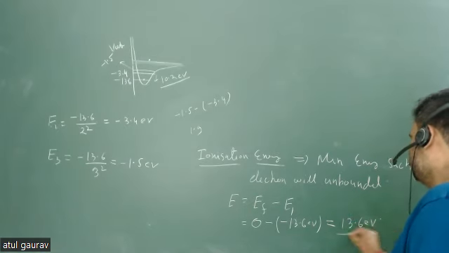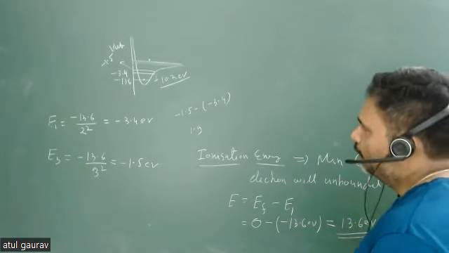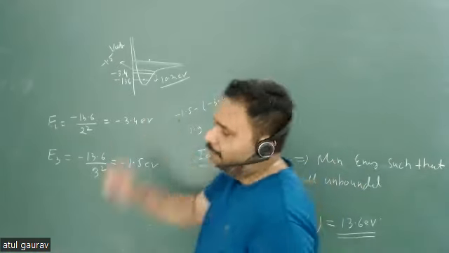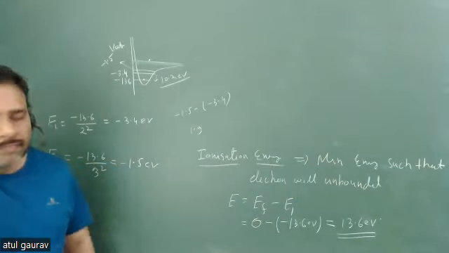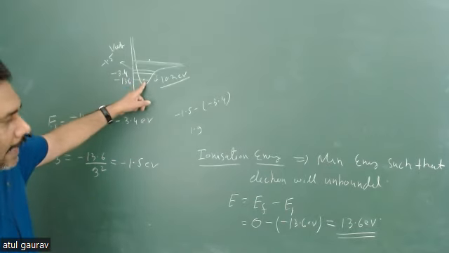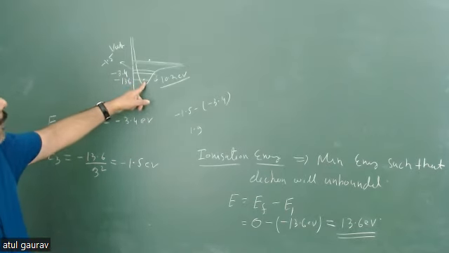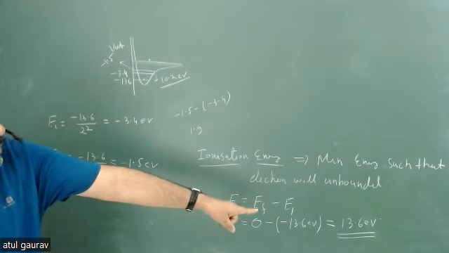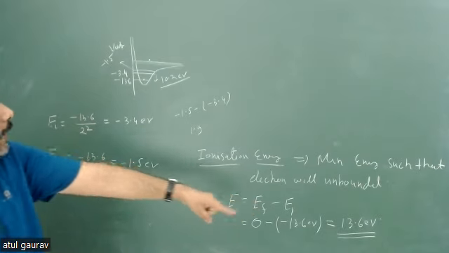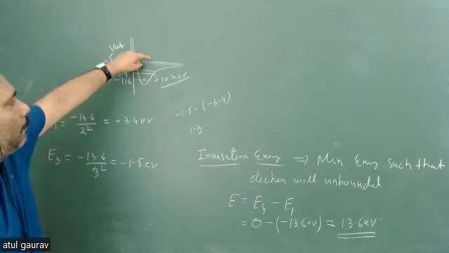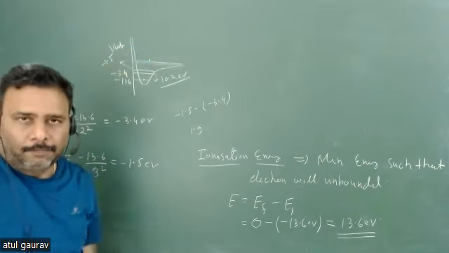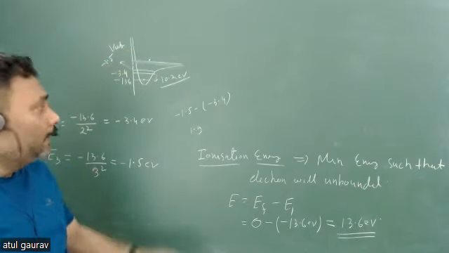And this value is equal to 13.6 electron volt. So if your electron is at the ground state and you give the minimum amount of energy, 13.6 electron volt, it will become unbound and free.